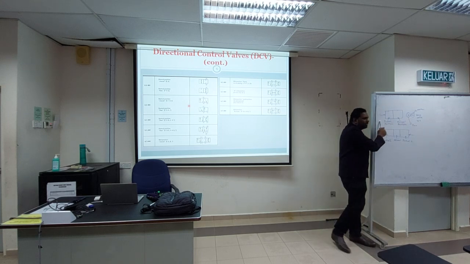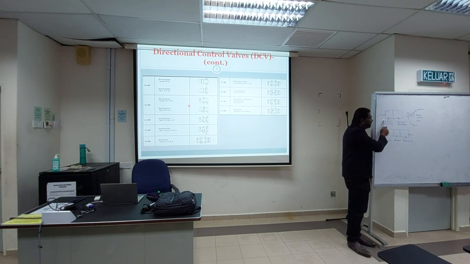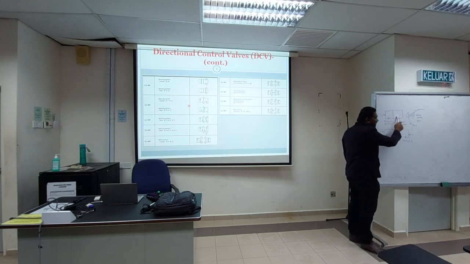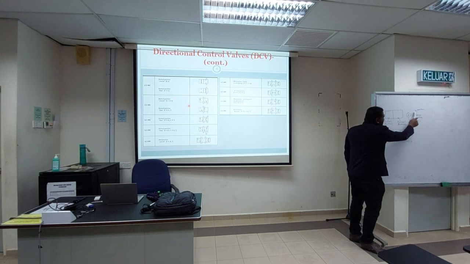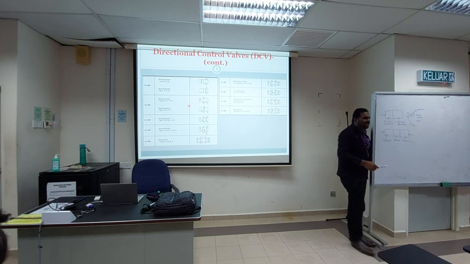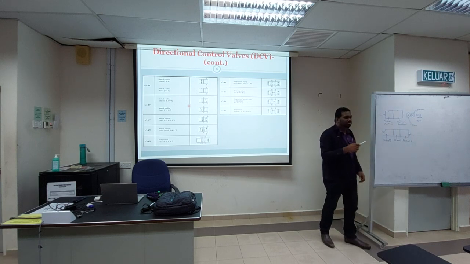Yang ni ada berapa port? Dua port. Ada berapa position? Dua. Ada dua kotak. Position adalah jumlah kotak. So ada dua kotak. So dua position. Ada dua port. Berapa line? Ada dua line. So dua. So sebab itu nama dia adalah 2/2.